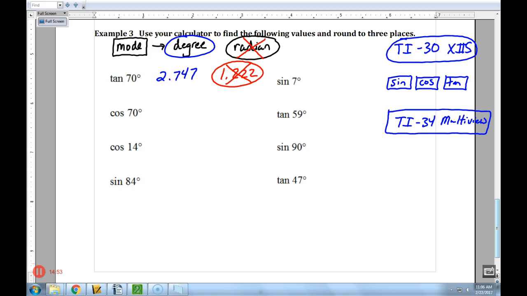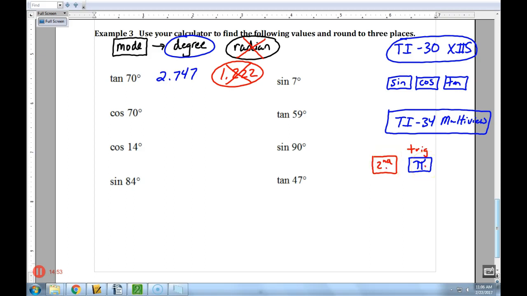If you look at the pi key, right above the pi key is the word trig, T-R-I-G. And so in order for you to find sine, cosine, and tangent, you're going to have to hit the second button, which is in the upper left-hand corner of your calculator.